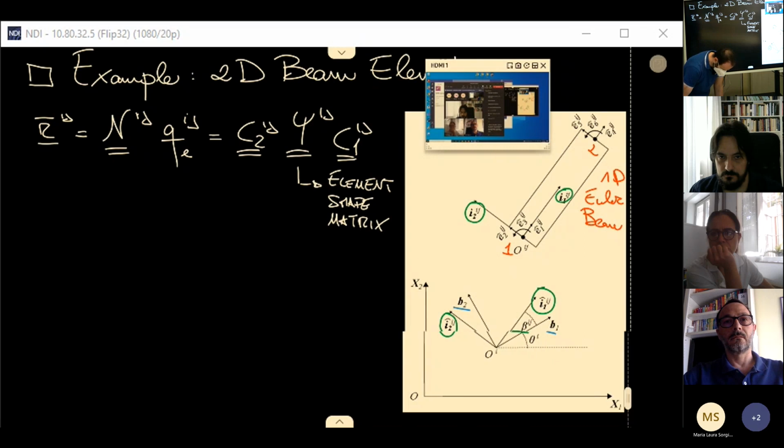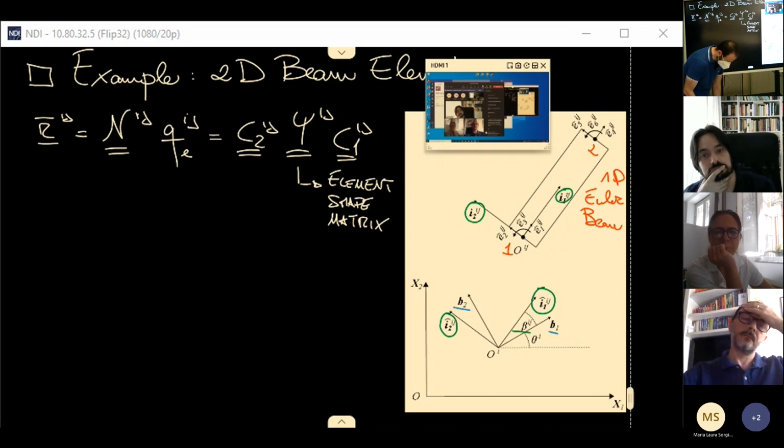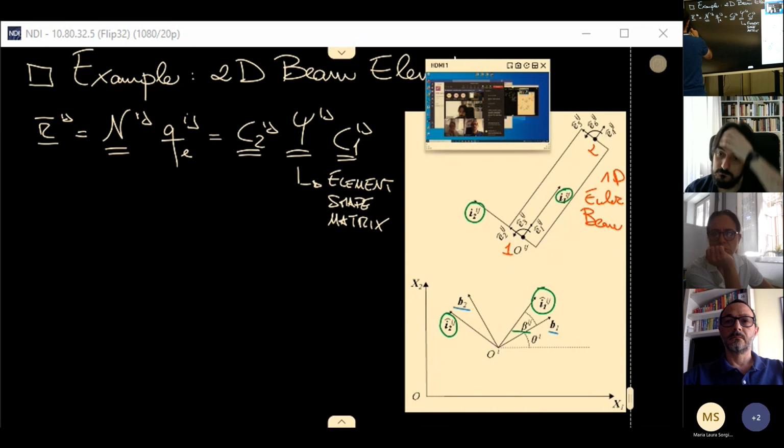So this is basically where we arrived. We were able to derive all of the relationship for the element frame with respect to the mass matrix. Today, what we are going to see is the derivation of the stiffness matrix.